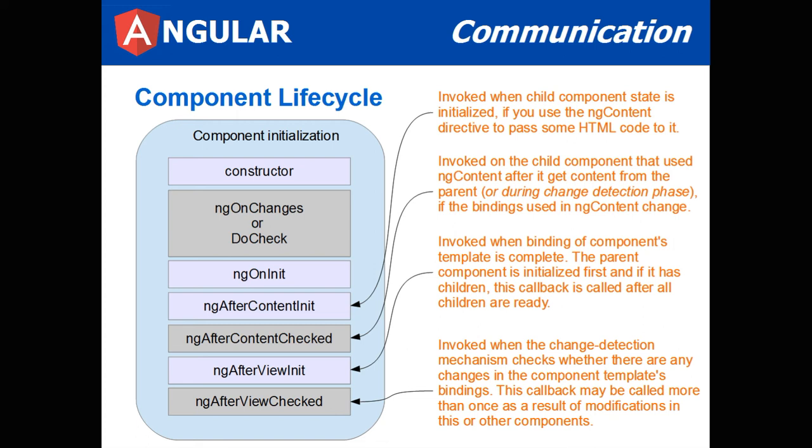So like I said, the first ones that happen are the simplest ones, the more critical ones. The ngAfterContent hooks have to do with projection. The ngAfterView hooks have to do with template reevaluations.